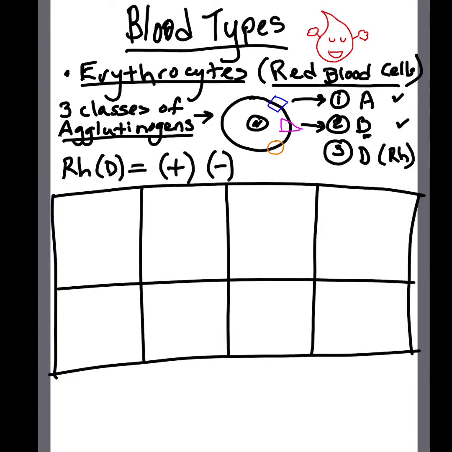If it's none of the above, then you have a fourth blood type, which is type O. So in these 8 boxes, we're going to do the types of blood.